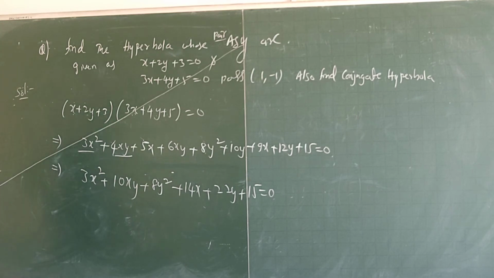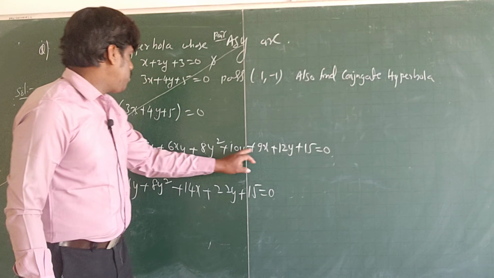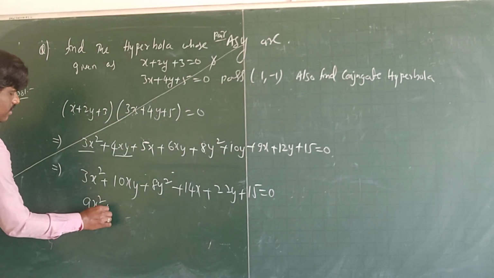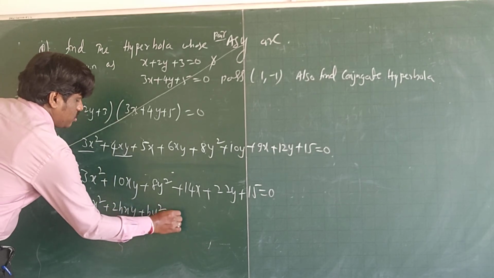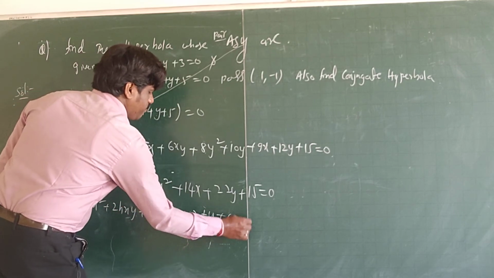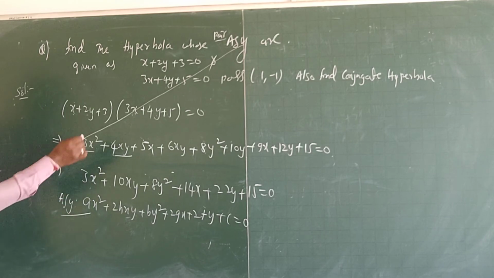So 14x, 9 plus 5, 14, and 12 plus 10, 22y. So this looks like ax square plus 2hxy plus by square plus 2gx plus 2fy plus c is equal to 0. This is the equation of asymptote. So equation of asymptote is given.